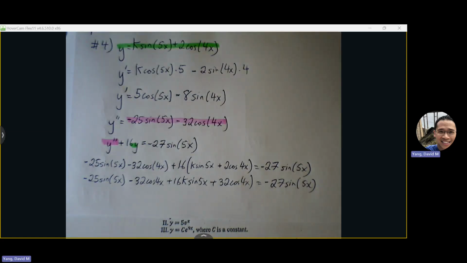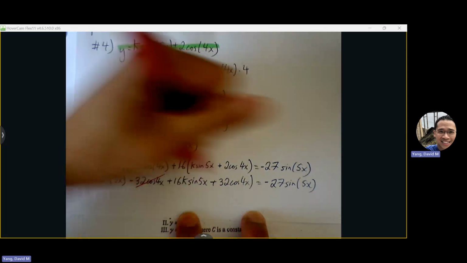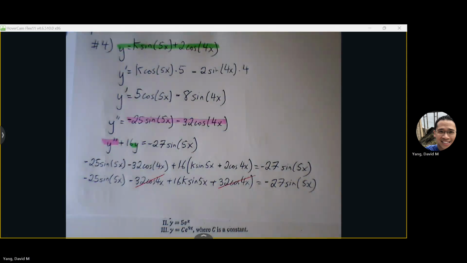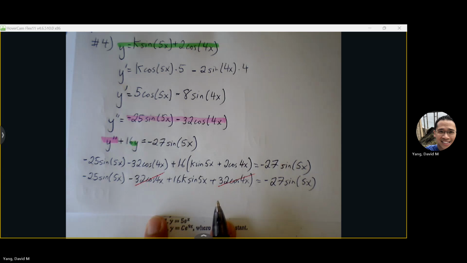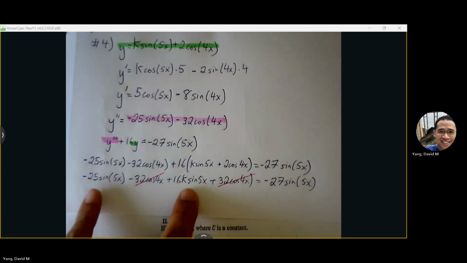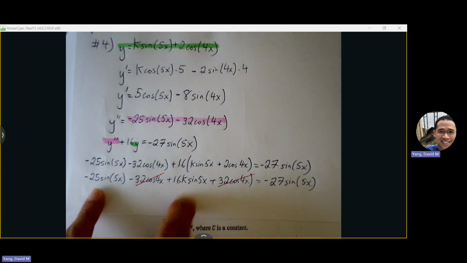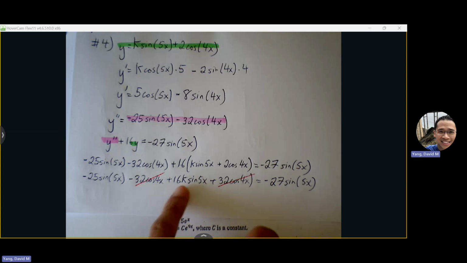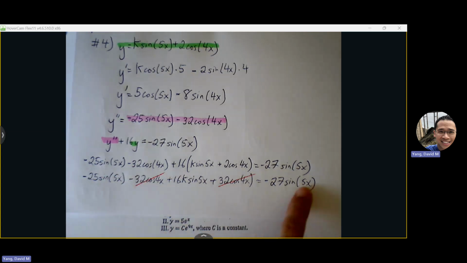So I see the 32 cosine 4x's will go away. A bunch of like terms here. What if I left the 16k over here and then just added that 25 sine of 5x to the other side?